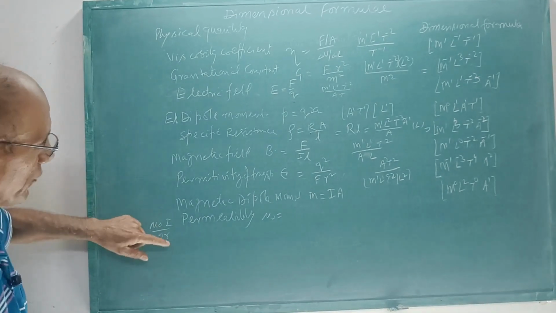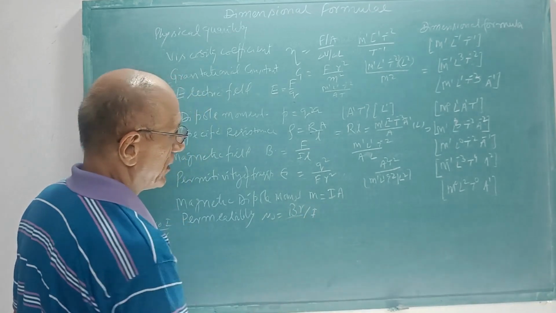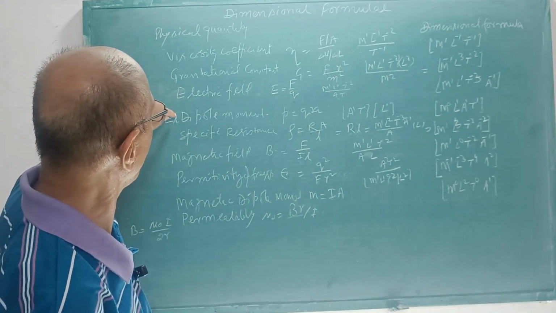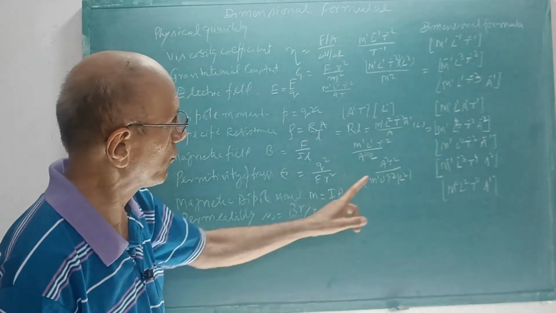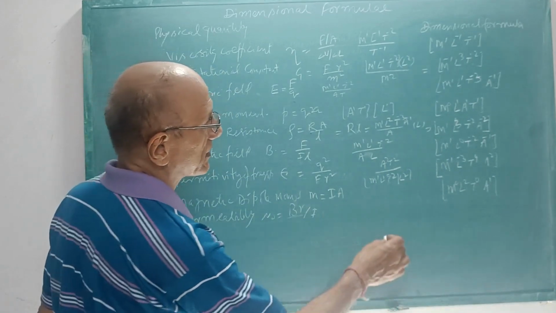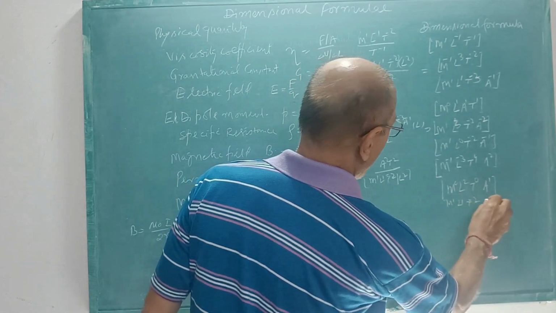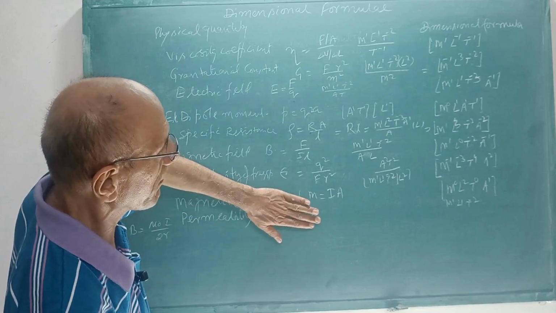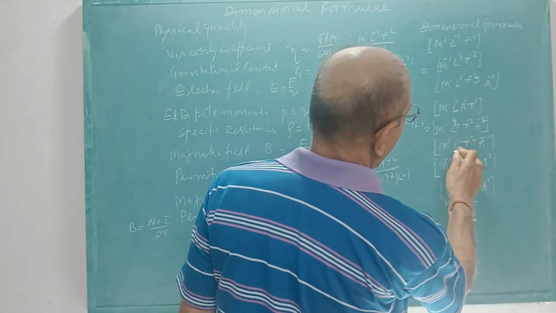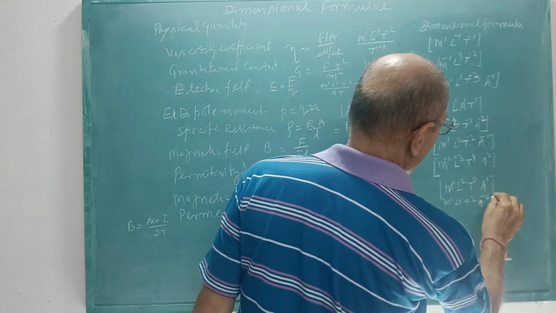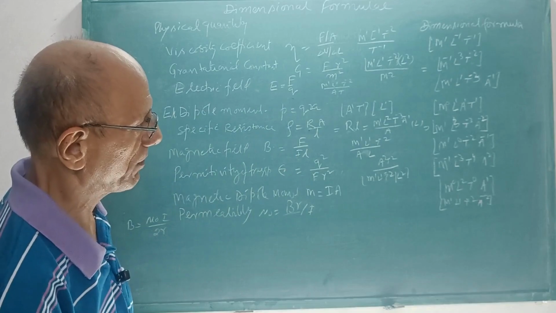So mu naught will be B into R upon I. The magnetic field we have already obtained: M1 L0 T minus 2 A minus 1, into R. So into R means M1 L1 T minus 2, divided by ampere. So here it will be M1 L1 T minus 2 A minus 2, because it is being divided, so A minus 1 minus 1 comes to minus 2.